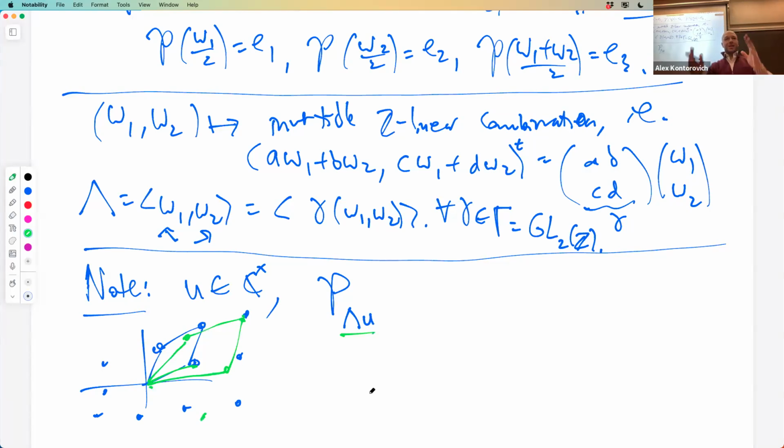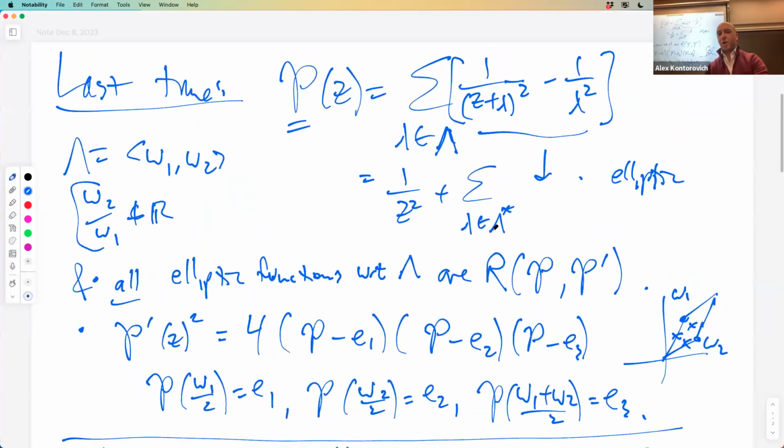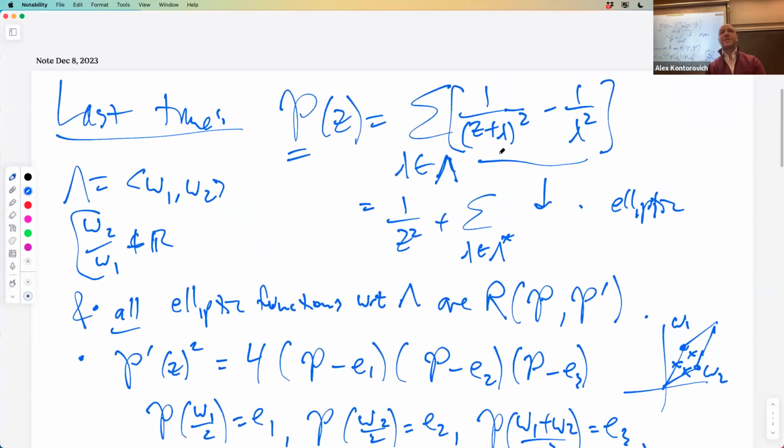Everything gets scaled and rotated. That will change P, because we're summing over the lattice. If you multiply each lattice point by a number U, that's going to change things. But if you also multiply Z by the same number U, then how will P change?